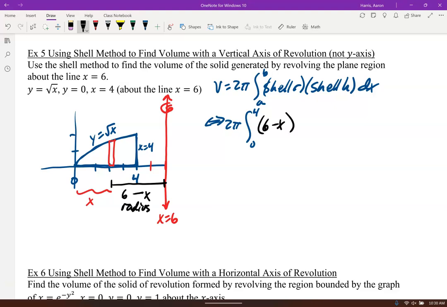The height is still the square root of x. So it's taking all these, remember it's spinning all these around and summing all those up. And we're ending at that x value of 4. So it takes care of the whole thing, if that makes sense.